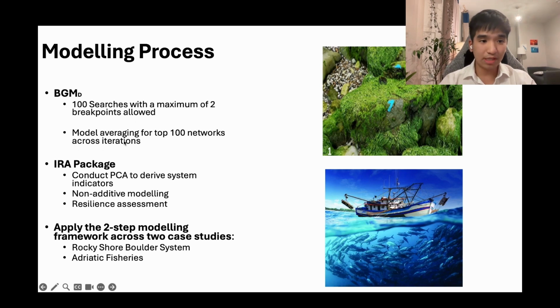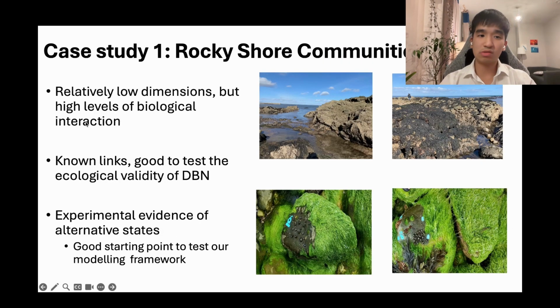With this two-step modeling framework, we'll be applying it across two case studies, a rocky shore boulder system and Adriatic fisheries. So for the rocky shore communities, why are we using this? It's very simple. It has relatively low dimensions, so very few variables, but they have a high level of biological interaction. Additionally, through prior research, it has known links.